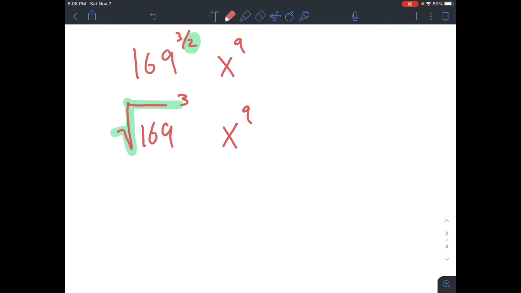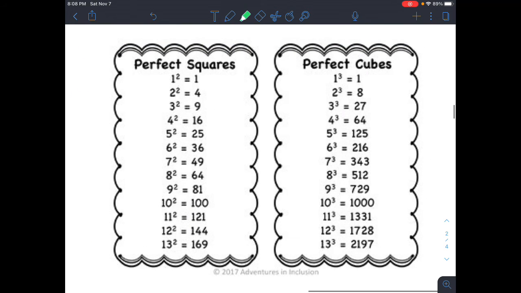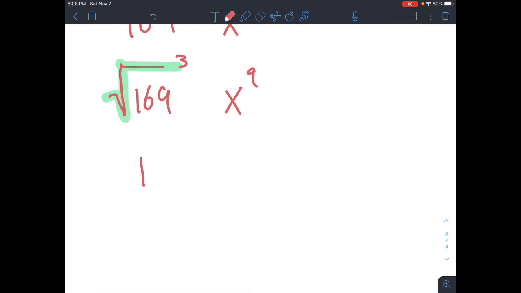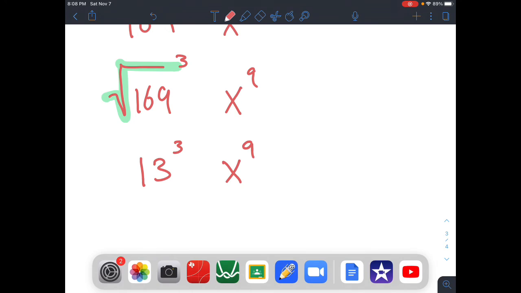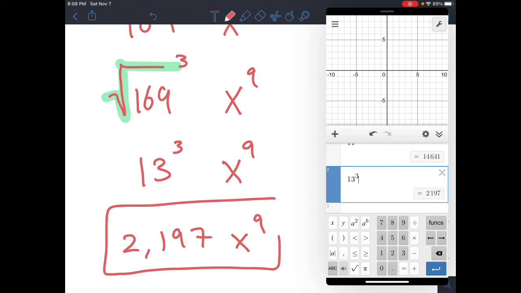Now, if you don't know the square root of 169, go look at your cheat sheet and you find 169, the square root of it will be 13. So I have 13 cubed, bring down the x to the 9th. I'm not finished until I cube the 13. Now I don't know what 13 cubed is, so I had to use my calculator. Typing it into the calculator, I get 2,197 x to the 9th, and now I am fully simplified.